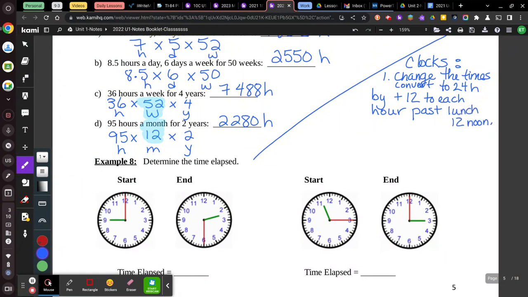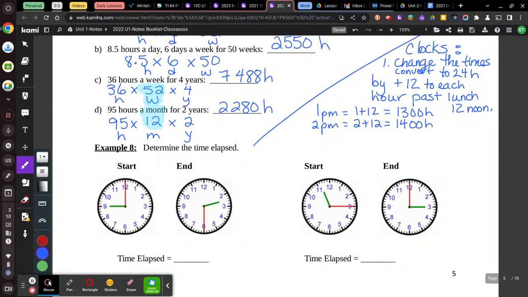So that means 1 o'clock, 1 p.m. becomes 1 plus 12 becomes 1,300 hours. 2 p.m. I would have 2 plus 12 to give me 1,400 hours. Now we need to convert each of those, and then the last step is we subtract.